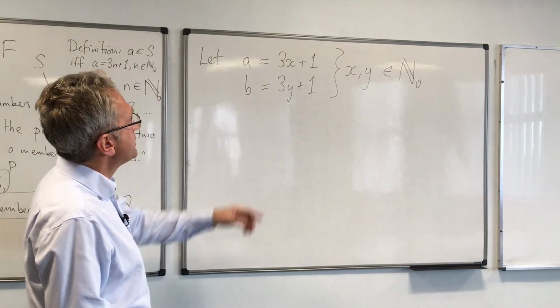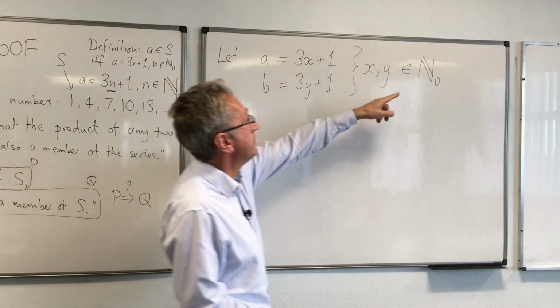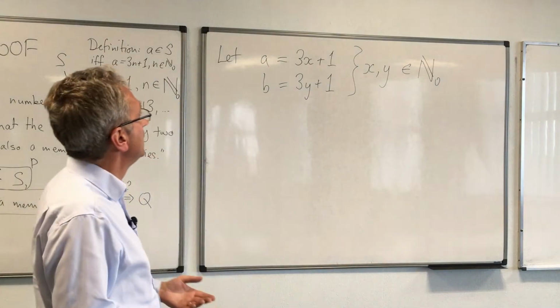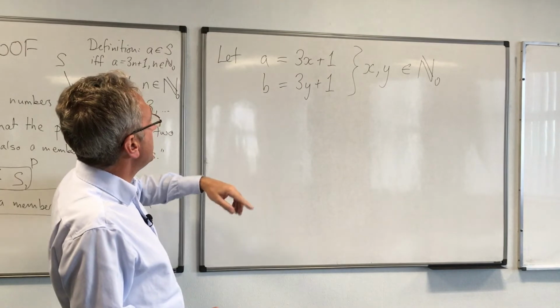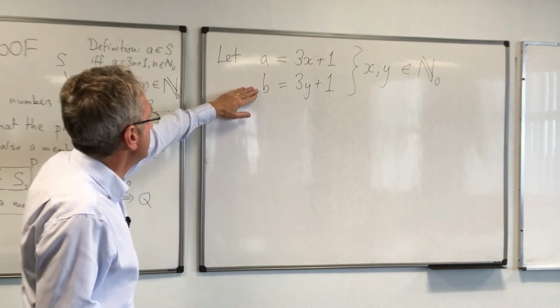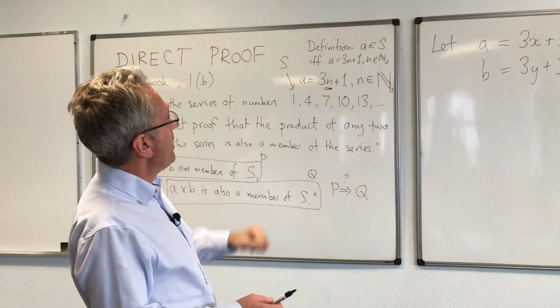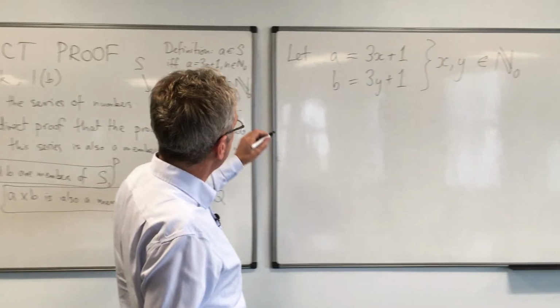So in other words, x and y are two members of the natural numbers, quite possibly different, and that's going to be A and that's going to be B. And we know that A and B can be written in that form because we know that A and B are members of S, and they're all like that. So let's see what happens if we multiply them.